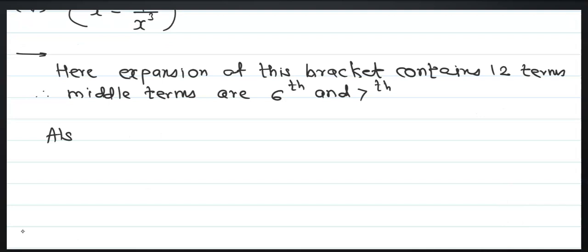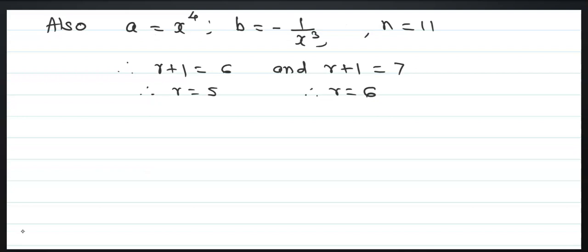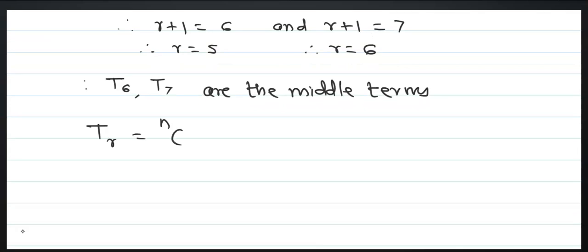Now, next, A is equal to x raised to 4 and B is equal to minus 1 upon x cube, N is equal to 11. R plus 1 is equal to 6, therefore R is equal to 5, and R plus 1 is equal to 7, therefore R is equal to 6. Therefore, we have two values, T6 and T7, as the middle terms.